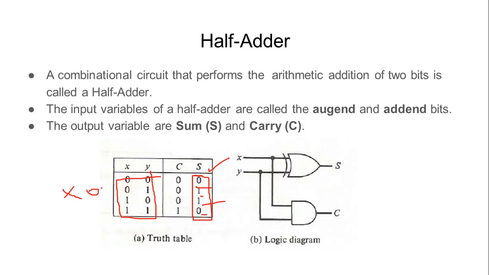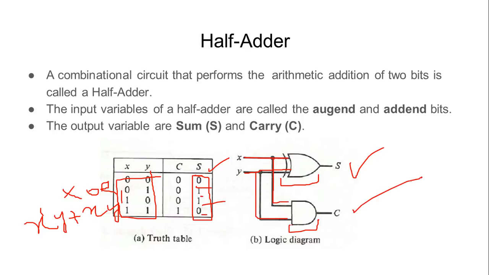If you remember, in case of XOR gate, it was doing x complement y plus x y complement, right? So it was yielding the same result. That's why for the sum we have used the XOR gate, and for the carry we have used the AND gate. So x and y being the input to the XOR gate will yield the sum, and the same x and y being the input to the AND gate will yield the carry. So this is how the half adder works.